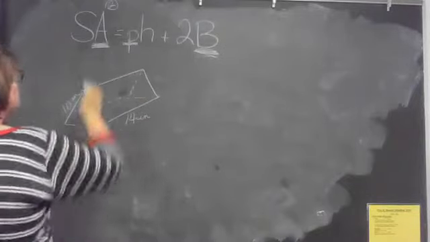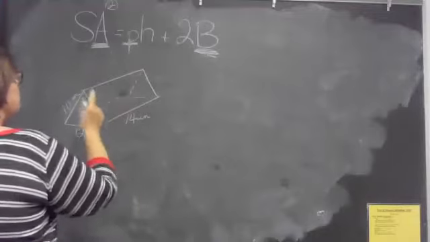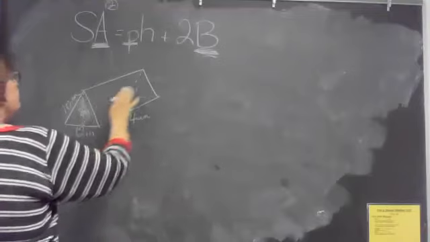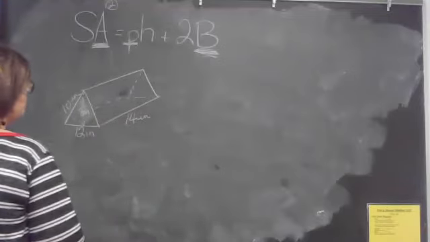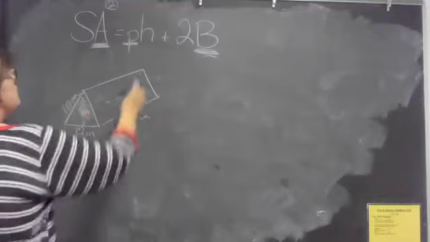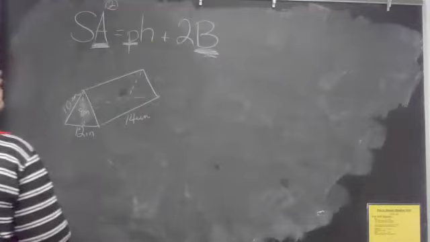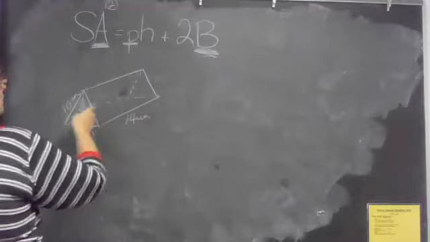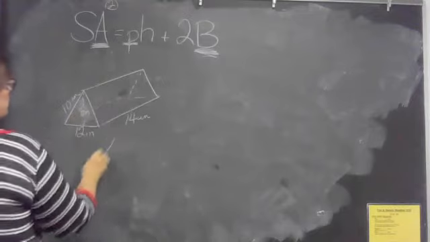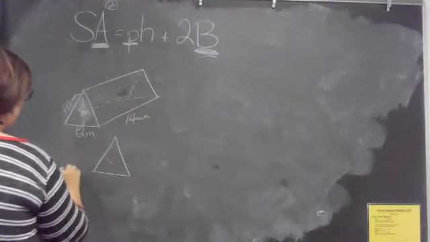Okay, so same formula, surface area of this prism. It's a prism because it has 2 bases that are exactly alike and parallel to each other. That's why this is a prism, and that's why you're using this formula. Now, the formula says, first of all, you're going to have to find the base. And the base are the ones that are equal. And so I have this as my base.